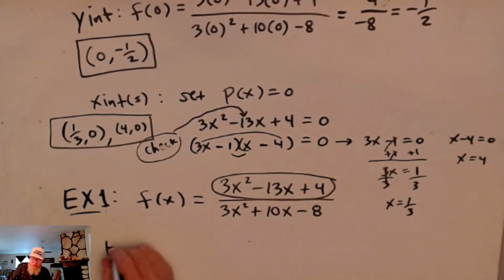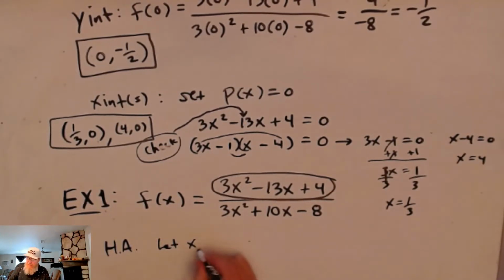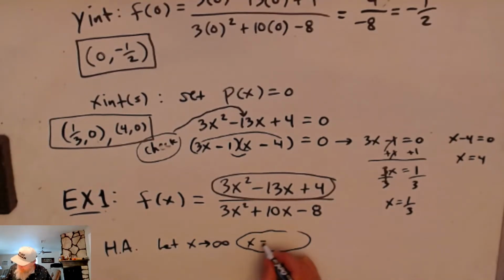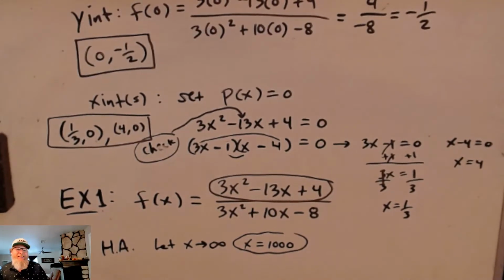So for the horizontal asymptote, the HA, we let x get very, very large. Let x approach infinity. All right. And again, I used a big number like 1,000, or I think the very first time I did it was with 1,000,000, but it's a lot of zeros, so I'm just going to use 1,000.